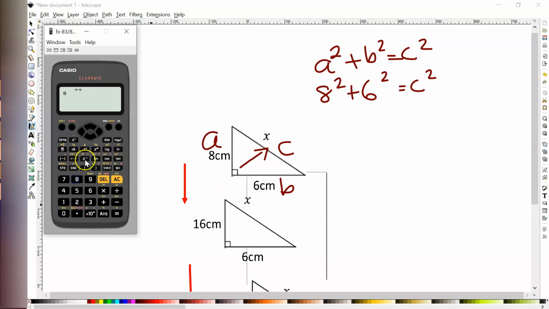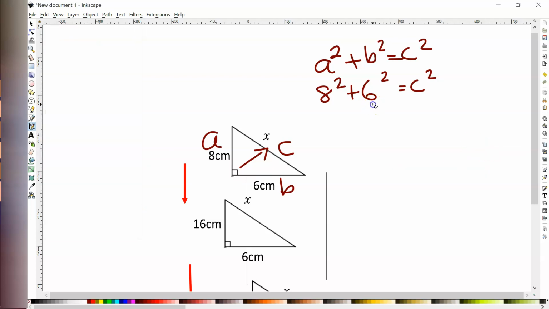You get your calculator, 8 squared plus 6 squared. That gives you 100. And we now have C squared equals 100.